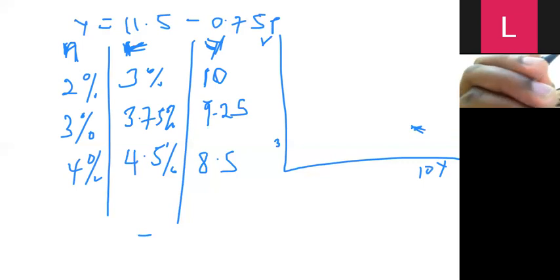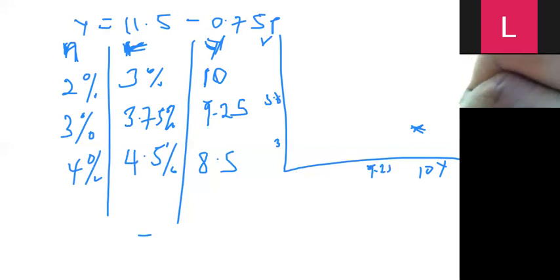Now, when my real interest rate rose to 3.75, what happens to my output? It reduced to 9.25. So let's say I'll be around this area. And when my real interest rate increased further to 4.5, my output also fell to 8.5. So I'll be somewhere here.